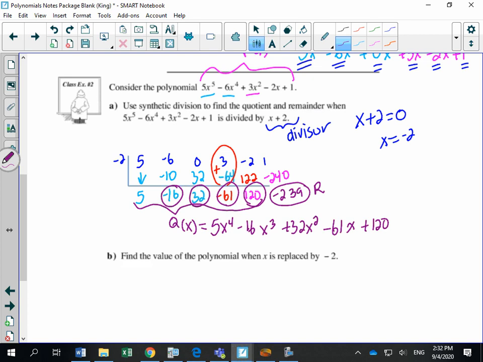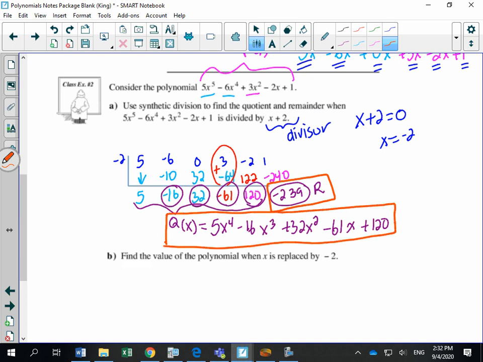So that's what my quotient is. And what this question actually says is use synthetic division to find the quotient and the remainder. So if I needed to box that in, that's my remainder, and this is my quotient.